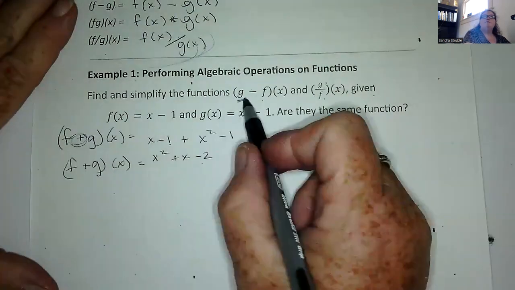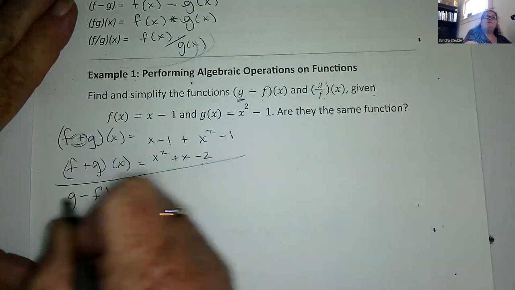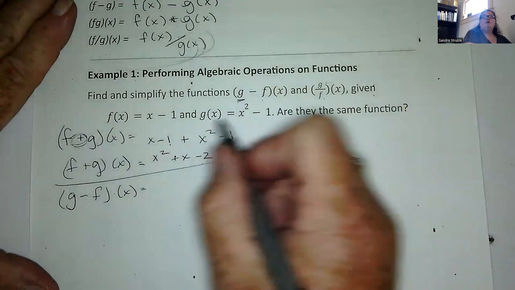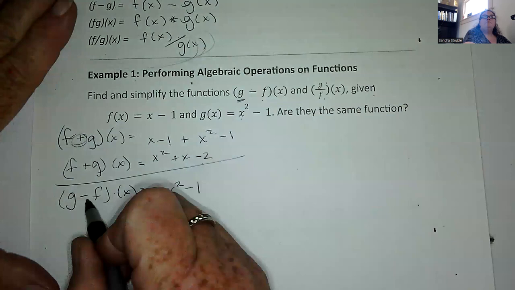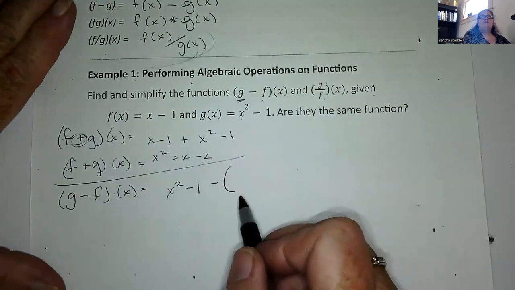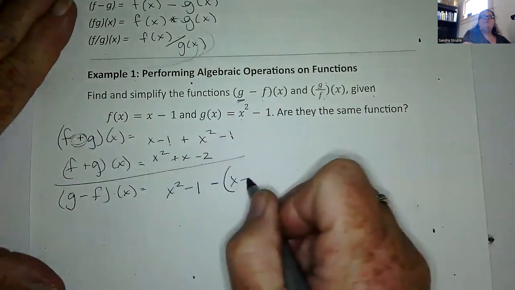Then we've got g minus f of x. Function g first, and g is x squared minus 1. And then minus, please do this so you don't forget to distribute that negative, minus the function f, which is x minus 1.